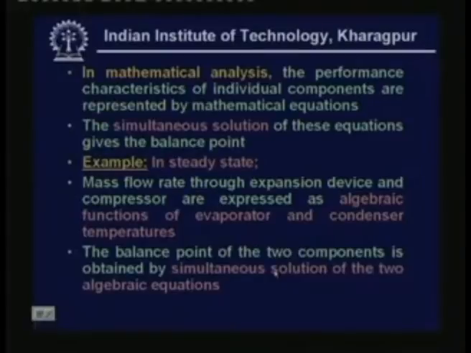The balance point of the two components is obtained by simultaneous solution of the two algebraic equations. That means we have for example at a fixed condenser temperature, one curve for the mass flow rate of compressor as a function of the evaporator temperature. If you vary the condenser temperature, you get another curve. Likewise, you can generate several curves for different condenser temperatures.